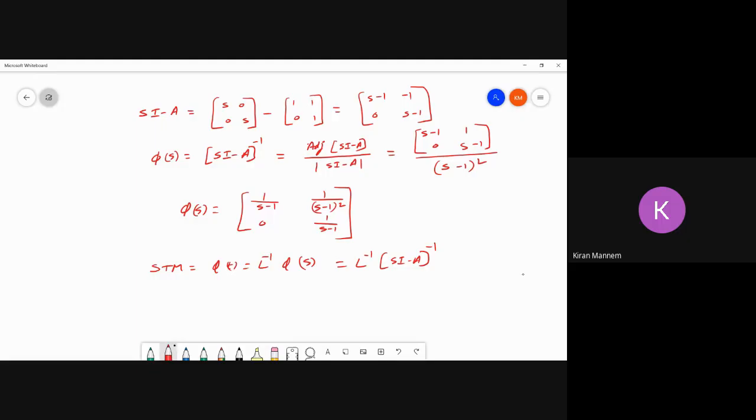So this is equal to L inverse of [1 by (s minus 1), 1 by (s minus 1) whole square; 0, 1 by (s minus 1)]. So this is equal to e power t, and t into e power t, 0, and e power t. This is nothing but your Φ(t).